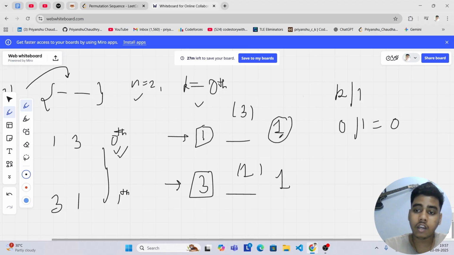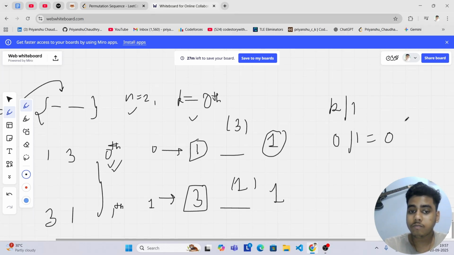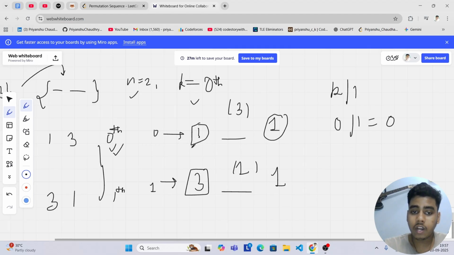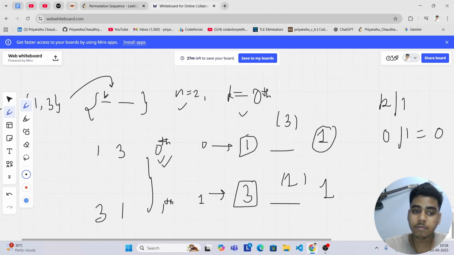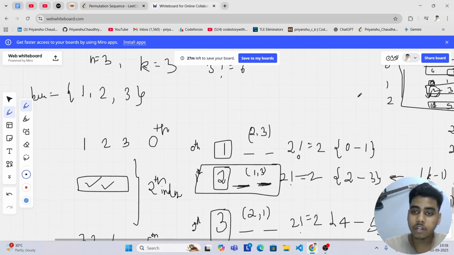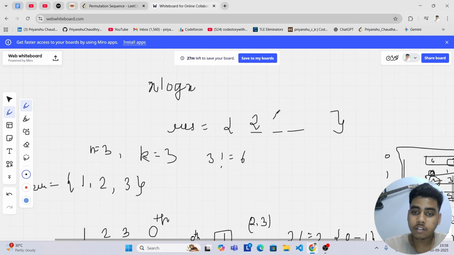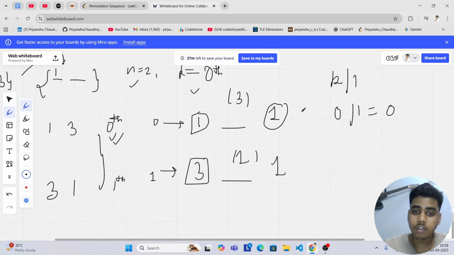This will give 0, so I know it is lying in the 0th block, because indexing is 0 based. The 0th block's starting element is 1, so I will update the result: the starting element is now 1.